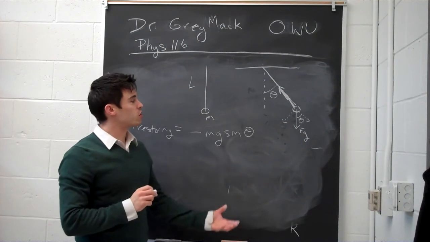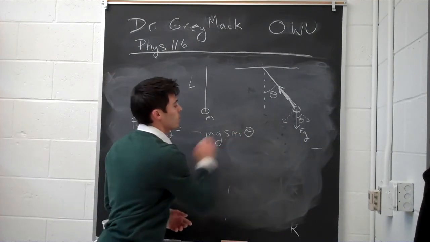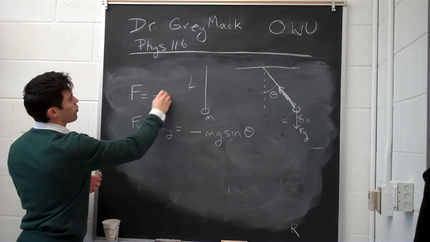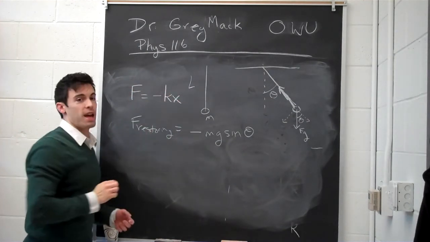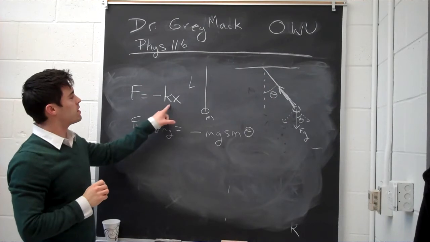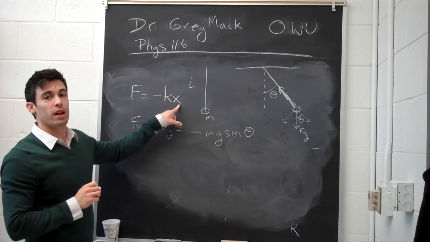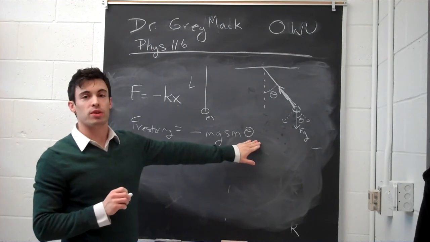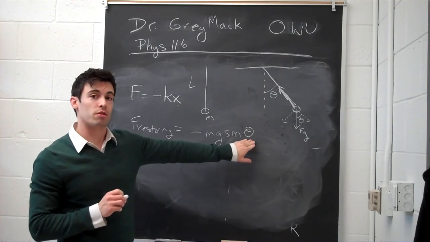And to put things in terms of a Hooke's law sort of force, remember that a Hooke's law force would be F equals minus kx. We need some constant times some linear quantity. This isn't exactly that, so we're going to put this in terms of arc length instead of in terms of theta.